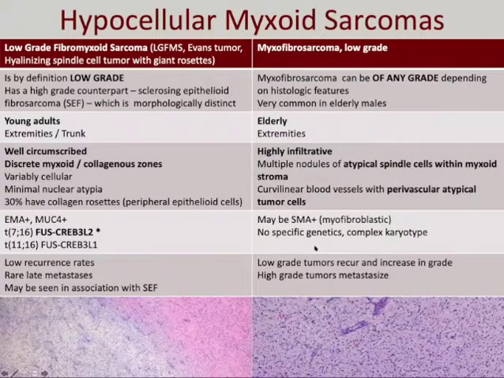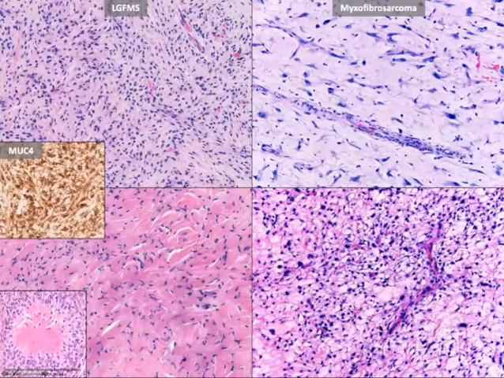This is in contrast to myxofibrosarcoma, which can be of any histologic grade, low, intermediate, and high, often in the elderly, often in extremities, often highly infiltrative, with these curvilinear blood vessels with highly atypical cells, large, dark, hanging off of the blood vessels. Compare that to the more relatively bland morphology of low-grade fibromyxoid, okay?